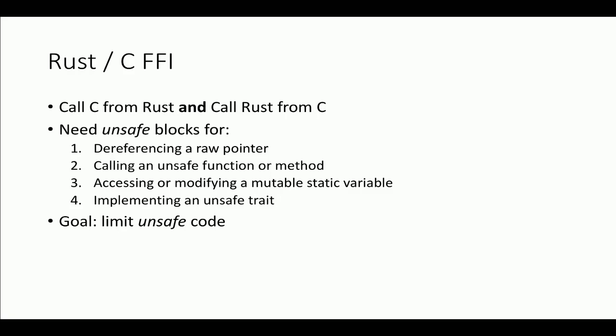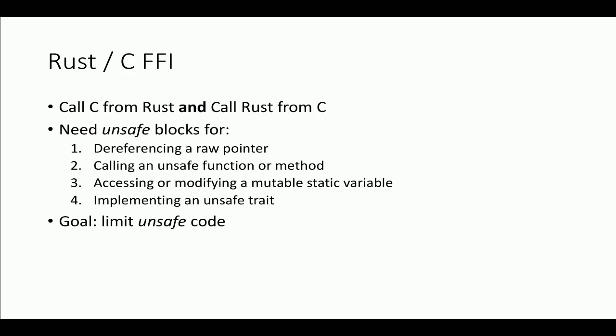Calling an unsafe method or function, well, it turns out that C methods and C functions are going to be unsafe, so we're going to need it to call C. And then accessing or modifying a mutable static variable, that's like a global variable in Rust, matters less to us. And implementing unsafe traits is a language feature for actually doing something like templates, basically, and might matter to us if we're trying to write bigger pieces of software. But the big ones are accessing raw memory and calling unsafe functions.